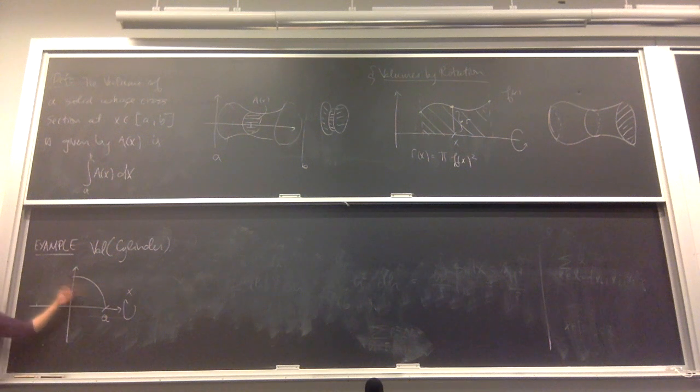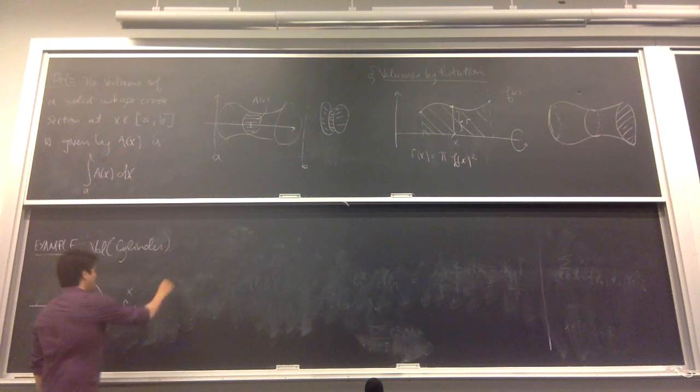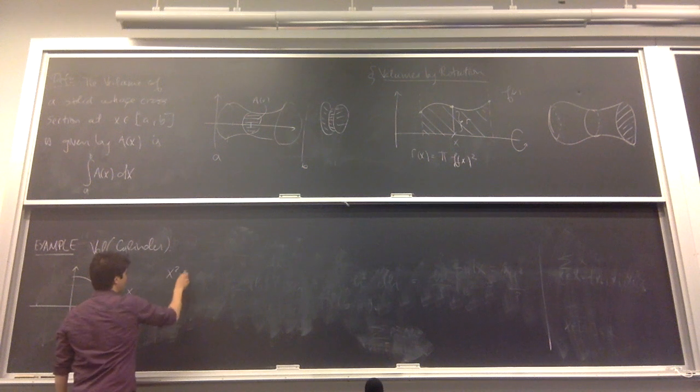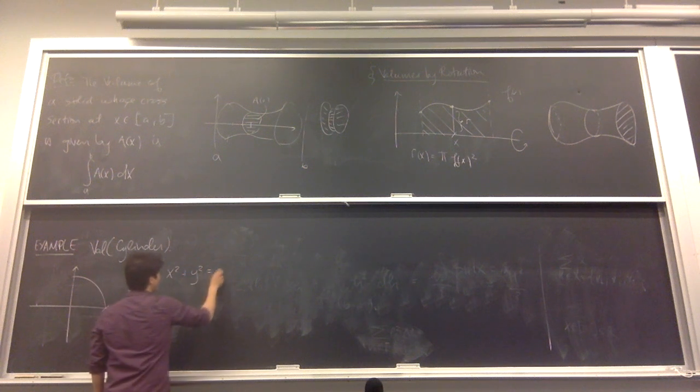So we're going to find the volume of a sphere of radius a. What is the equation for this shape? Or name the shape that this is part of. A circle. Thank Christ. So this guy here is x squared plus y squared equals a squared.